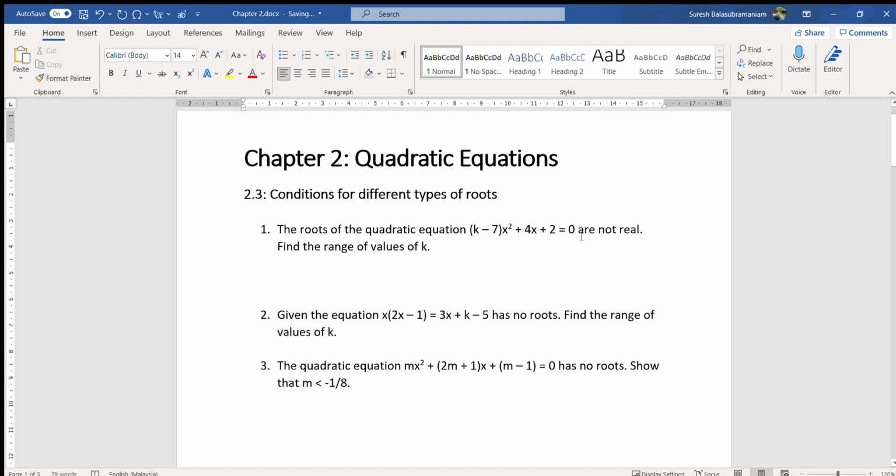Okay, so the roots are not real. So if the roots are not real, we know that b square minus 4ac is less than 0. But before that, let us identify the a, b, and c from this quadratic equation. So I'll just copy and paste.